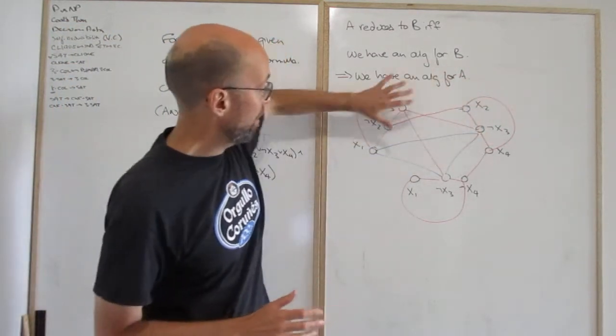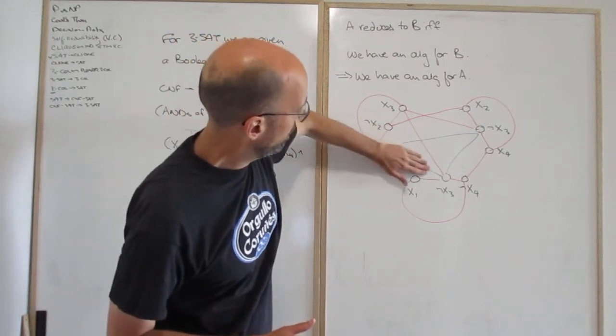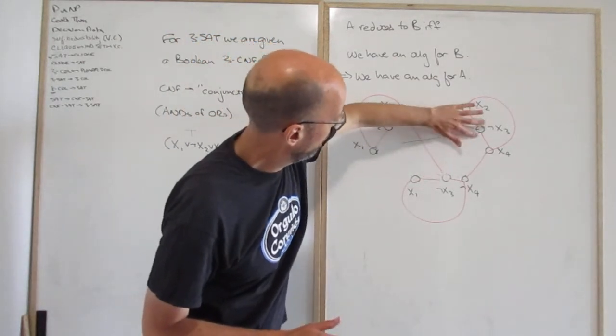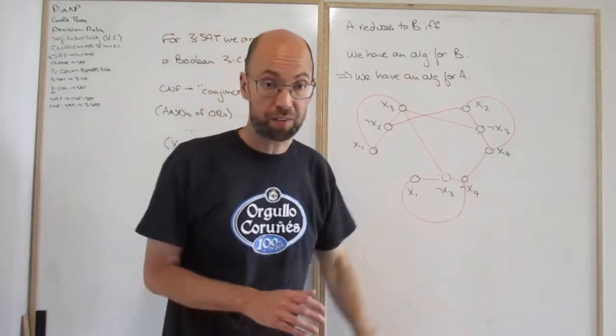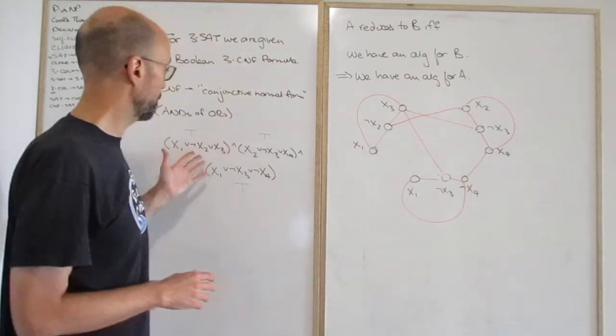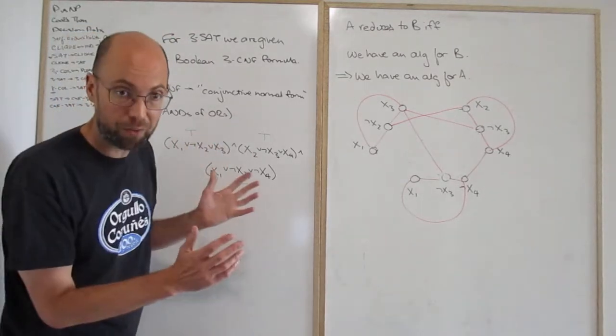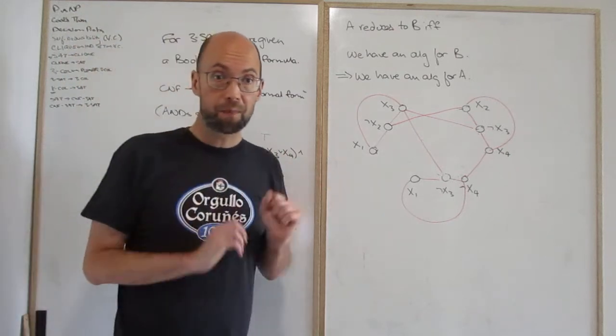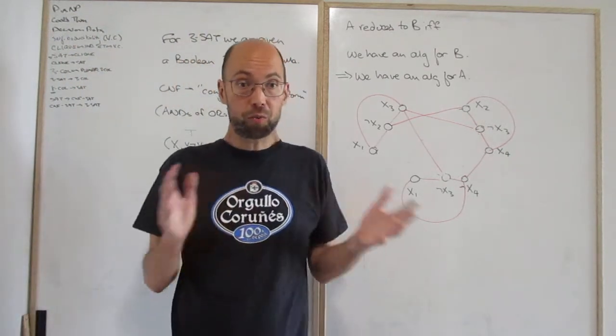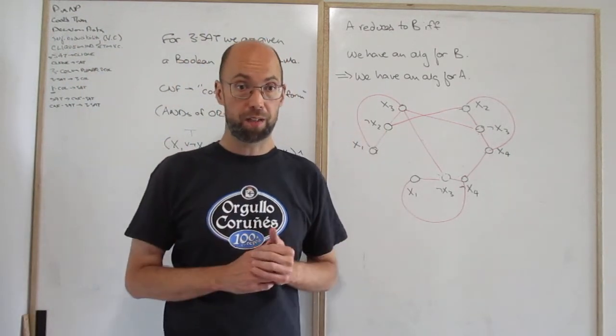So the graph without these blue edges has an independent set of size 3, 3 being the number of clauses, if and only if this formula has a satisfying truth assignment. And this works for any 3-SAT formula.